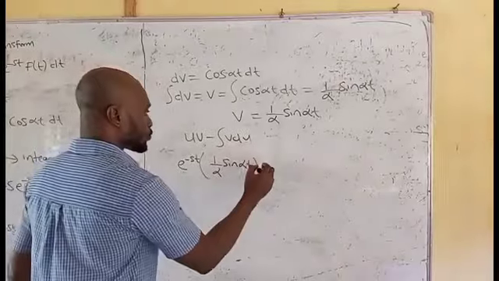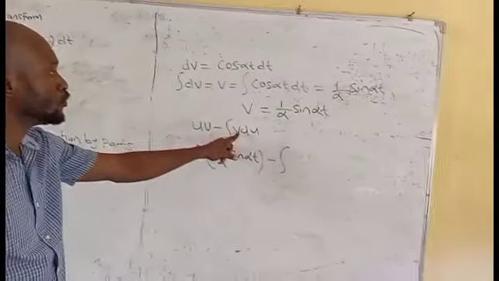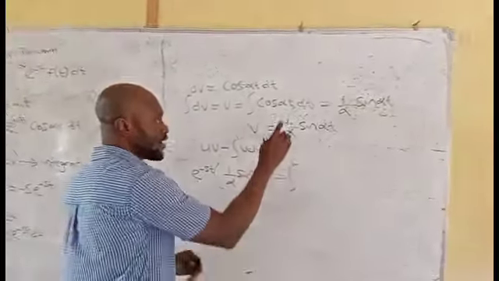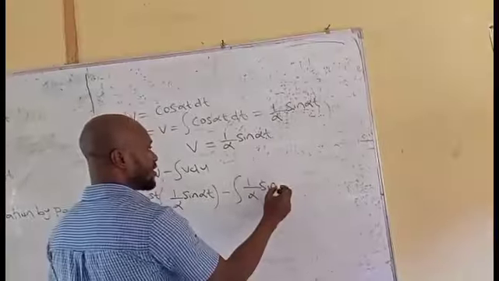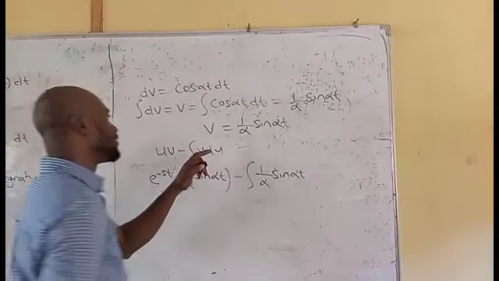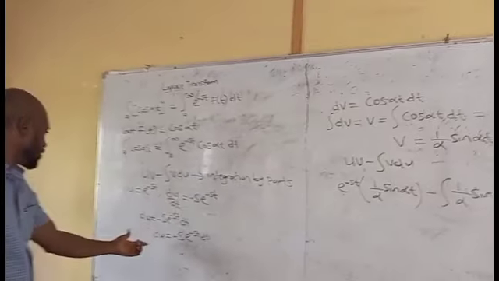Then minus, then I have my integral of v. Where is my v? My v is this one, 1 over alpha sine alpha t. Then multiply by du. My du is this.